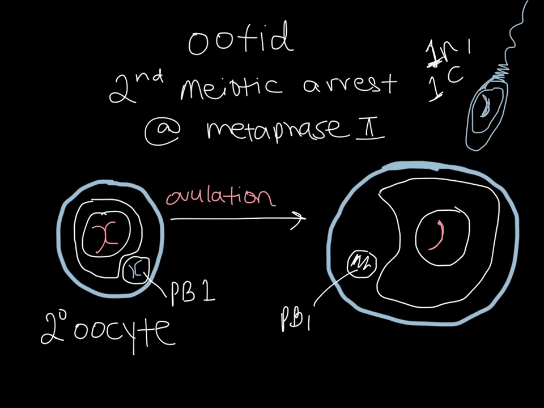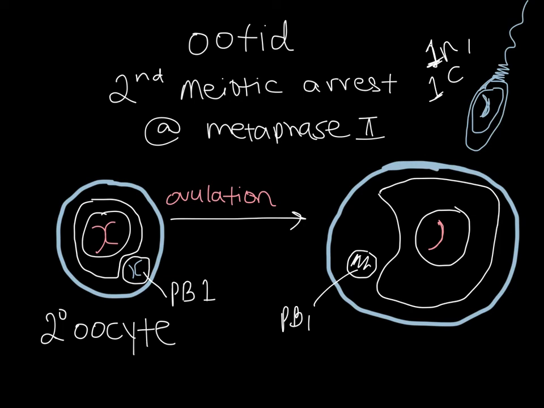I'm drawing 1C in there. A lot of these events happen very quickly, so when fertilization occurs, the meiotic arrest, which had this ootid metaphorically frozen at metaphase 2, will be lifted.